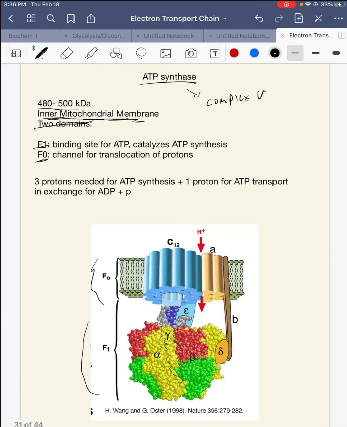This is what I mean by that. 3 protons are needed for the synthesis of 1 ATP molecule, and then we need 1 proton for ATP transport in exchange for ADP and P. This is the 1 proton they're referring to when it enters the F0, and then the 3 function in F1 to make the ATP molecule. I have the mechanism for all of that, so we'll go over it in more detail.